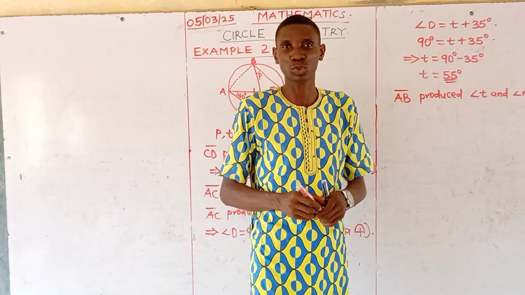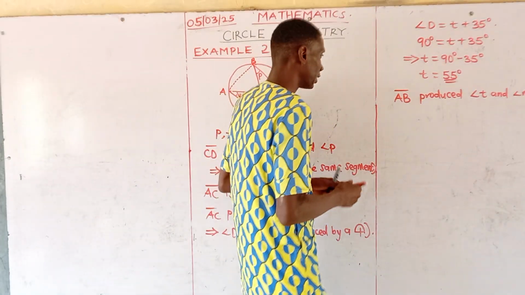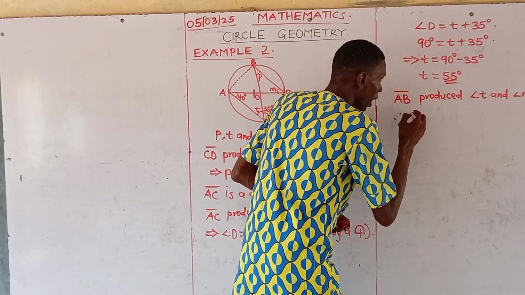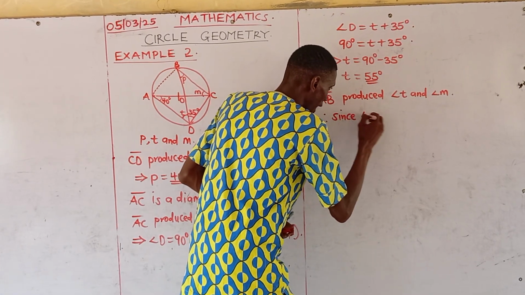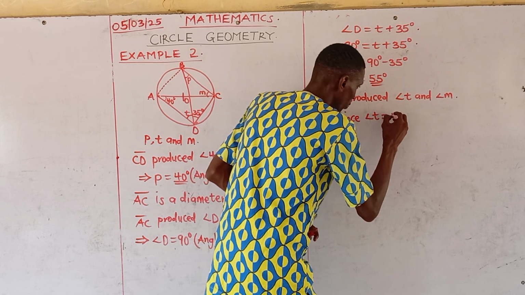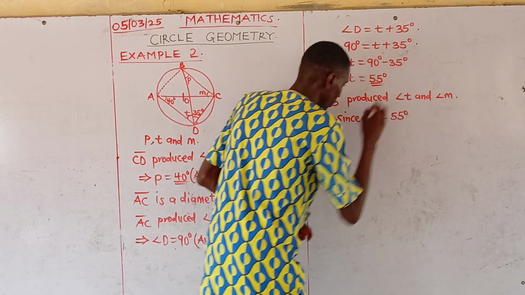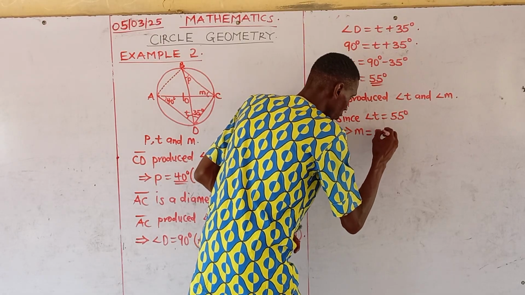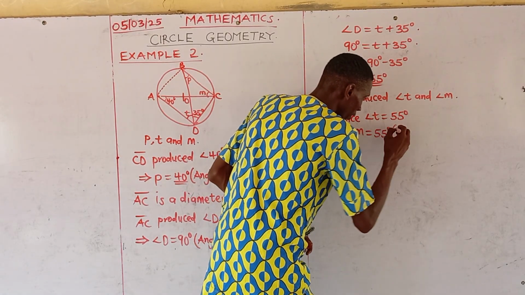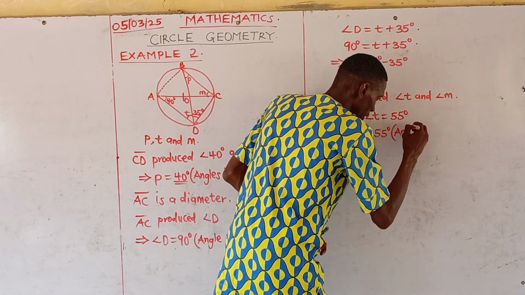This is referring to theorem 3. This implies that since angle T is equal to 55 degrees, our M will be equal to 55 degrees. Why? Angles in the same segment.